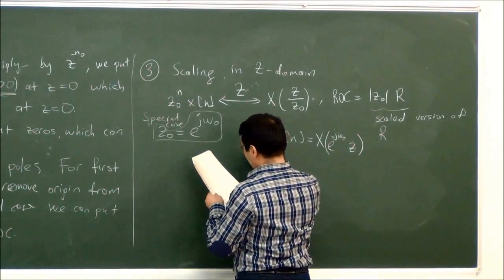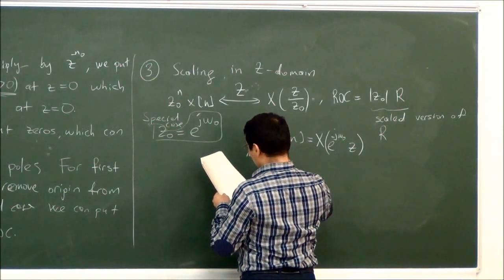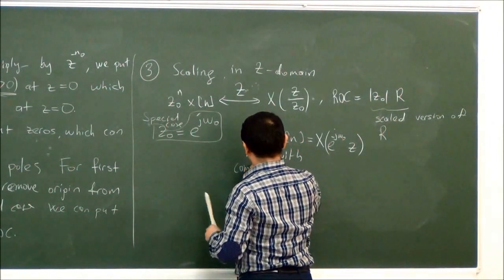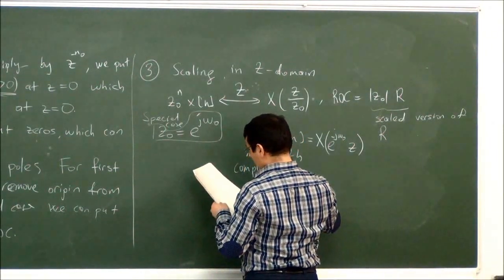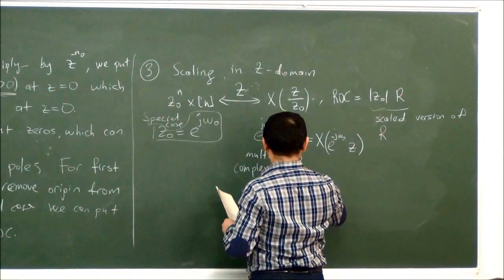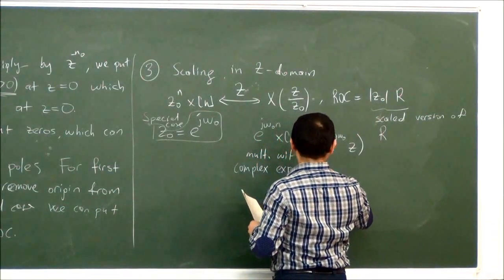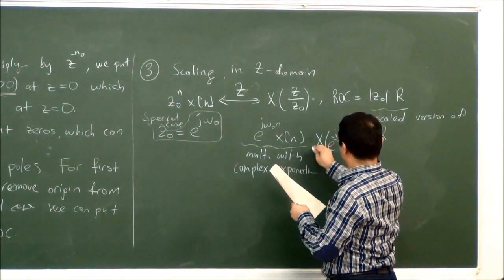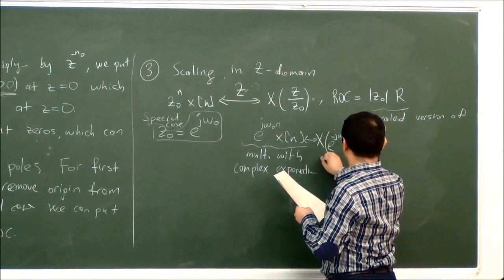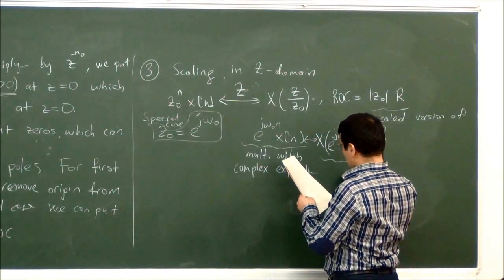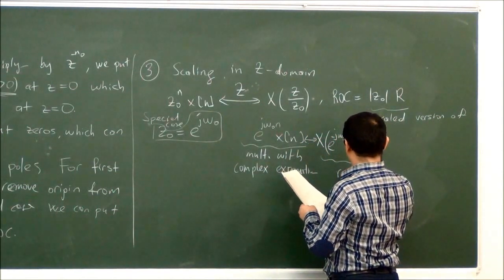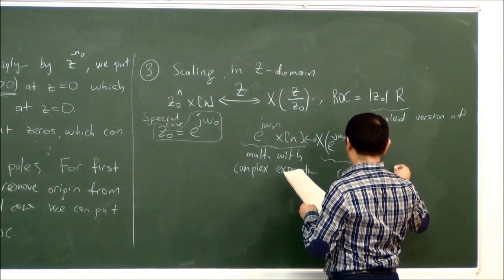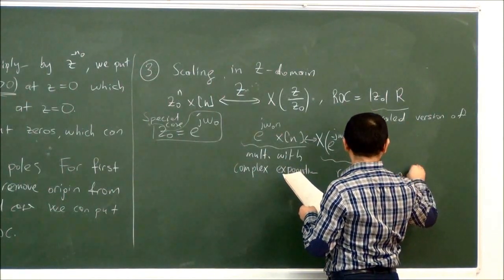So there is a multiplication with a complex exponential in the time domain. What about in the frequency domain? In this case, this is a rotation. Or what about in the z domain? This is a rotation in the z domain.